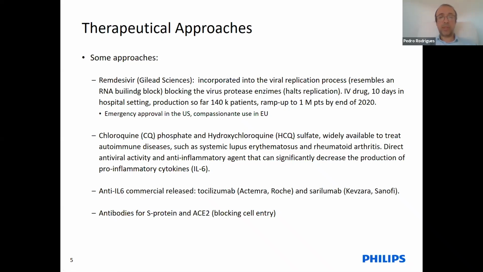However, I think the World Health Organization has temporarily suspended its use because of some adverse events with this drug. Still with IL-6, there has been some use, namely inhibitors to control the cytokine storm, and I think that in China, namely Actemra has been deployed.